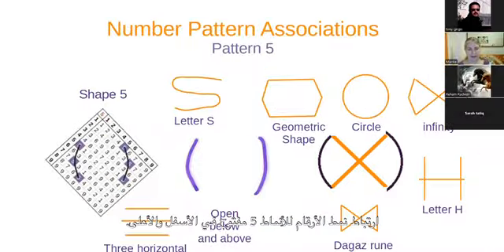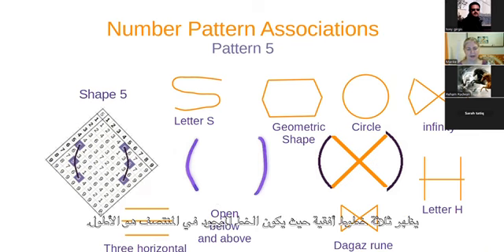The number pattern association for pattern 5 is open, below and above. It shows a vertical mirror. It shows 3 horizontal lines, where the one in the middle is the longest.